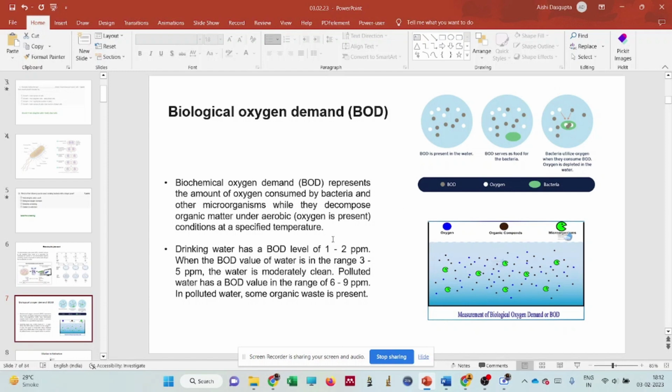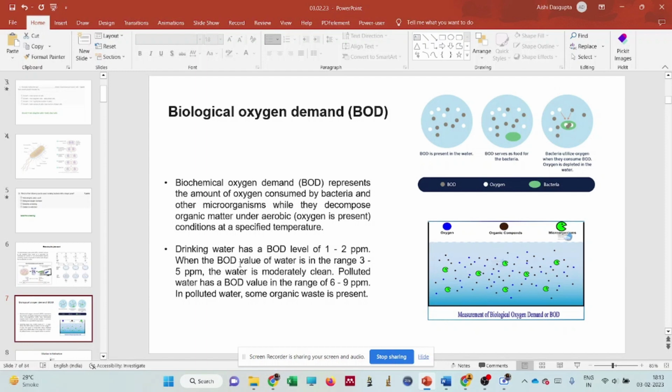Aerobic means oxygen is present. So it's basically a quantifying factor. The lower the BOD level, the more pure the water is. If a water sample has a very high BOD level, that means there are a lot of microorganisms inside that are consuming the oxygen.